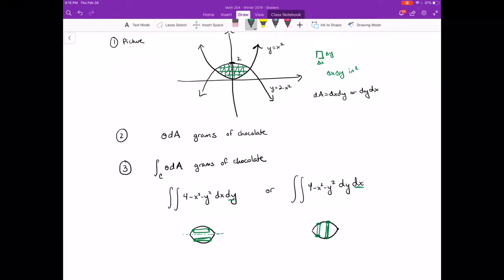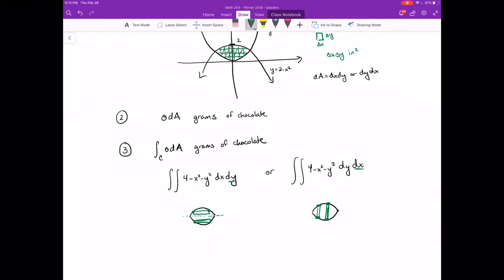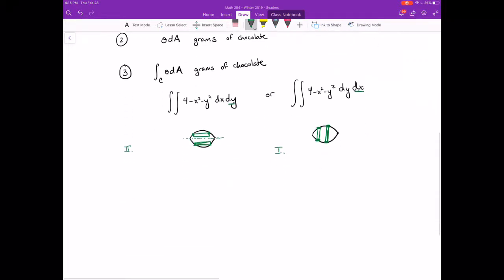If I'm above this horizontal line, y value, then I'm between my top curves, two sides of it. And if I'm below that horizontal line, I'm between my bottom curve, two sides of it. So that one's going to be a little more complicated. We'll do that one second. And we'll do this one first so we can see how the limits of integration work in this setting.